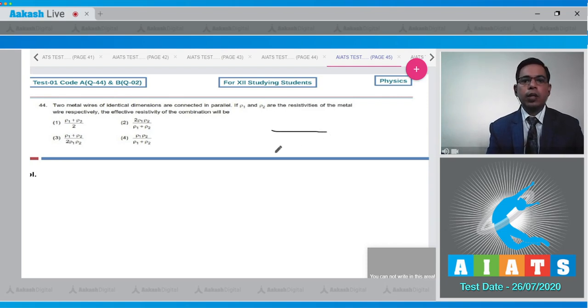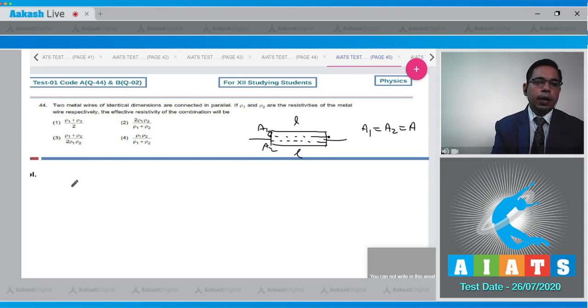Now here two wires are connected in parallel. Here the length is L and L. Here this area is A1 and here this area is A2. Since A1 and A2 are the same, let it be A. Now we know that 1 upon R is equal to 1 upon R1 plus 1 upon R2.